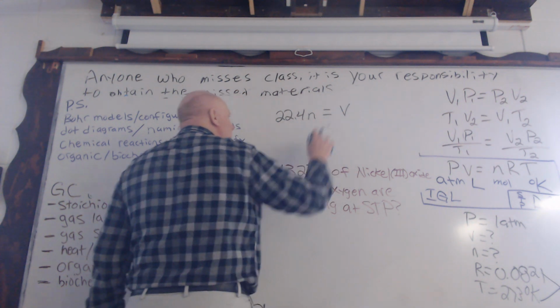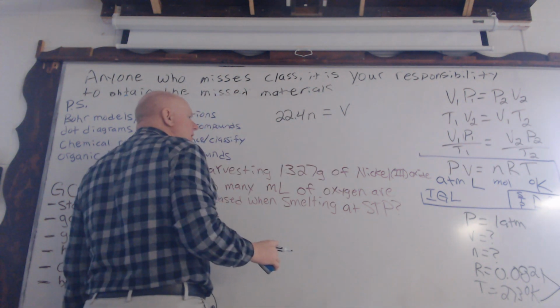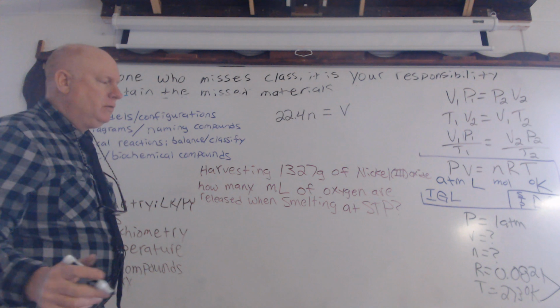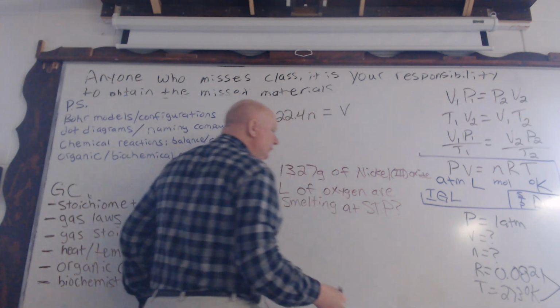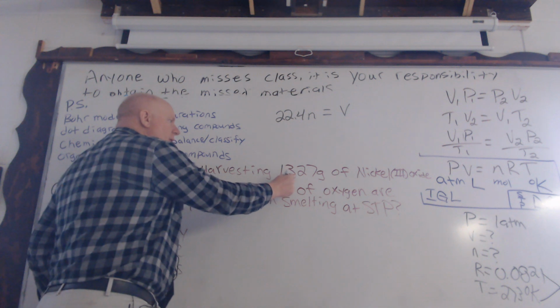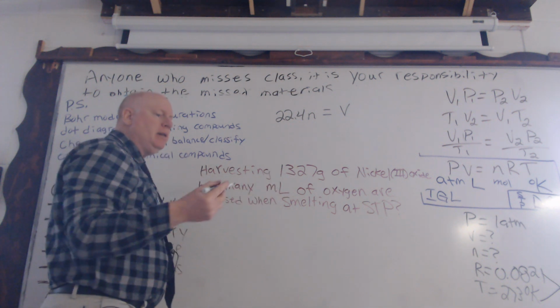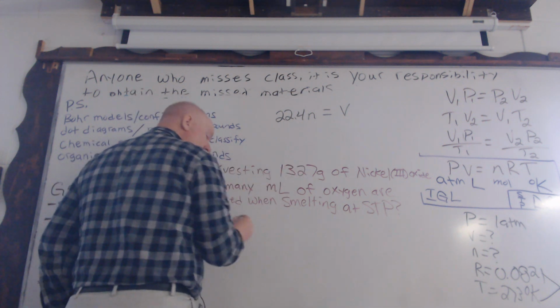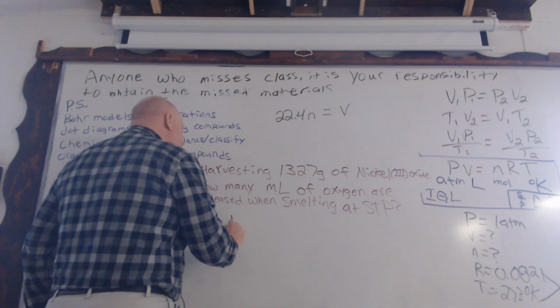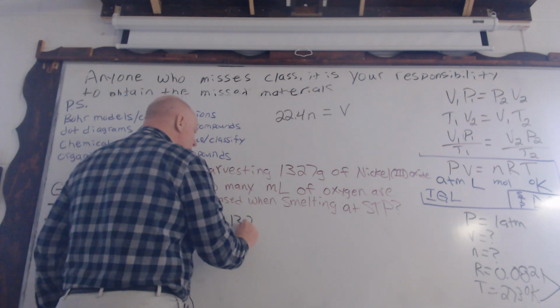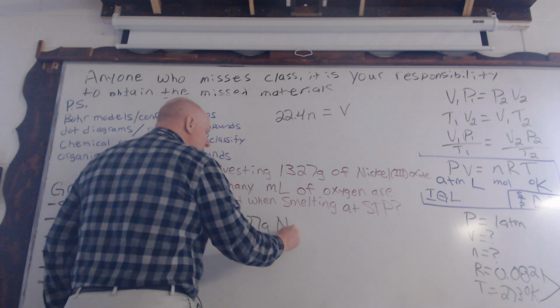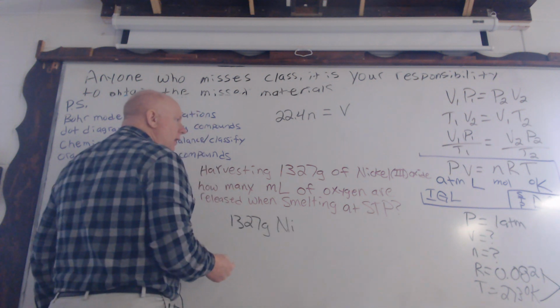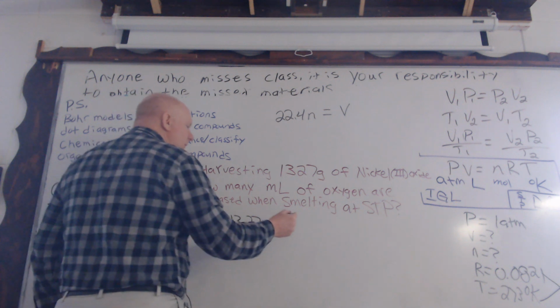So if this isn't getting us anywhere, what can we do with this here? Because we haven't used this number yet. So that must mean we convert it, that's right, 1,327 grams. Nickel is Ni. Oxide is just what?